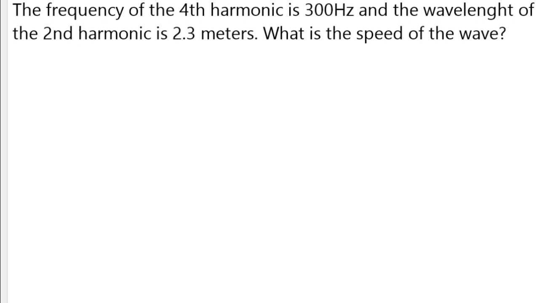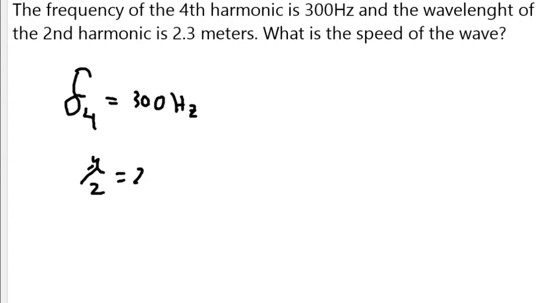Now let's try the last one. The frequency of the fourth harmonic is 300 Hz and the wavelength of the second harmonic is 2.3 meters. What is the speed of the wave? So now, we can just reach out for the other number to be exact. So we have the frequency of 4 and the wavelength of 2. So we need a number that they are the same.